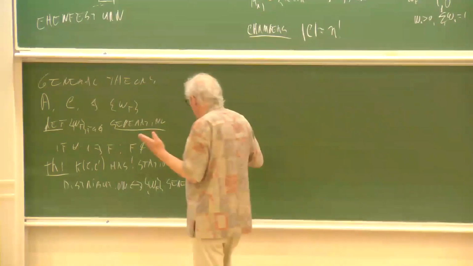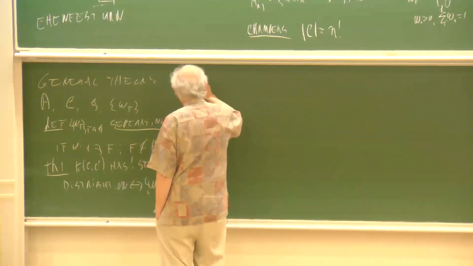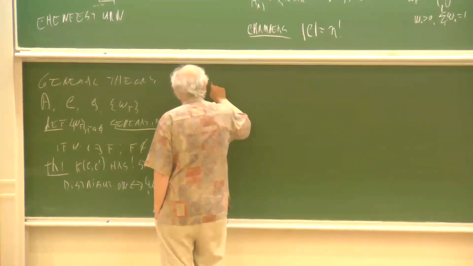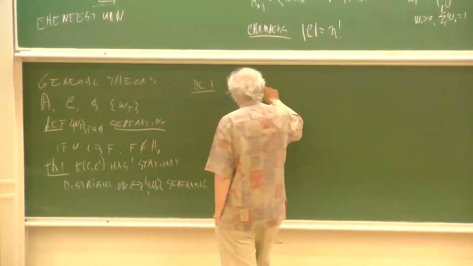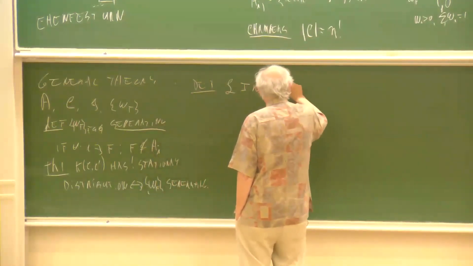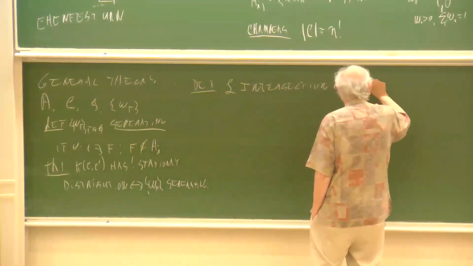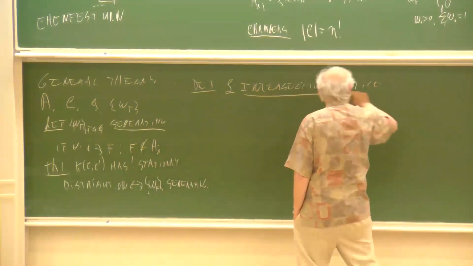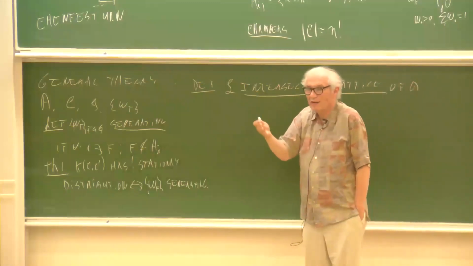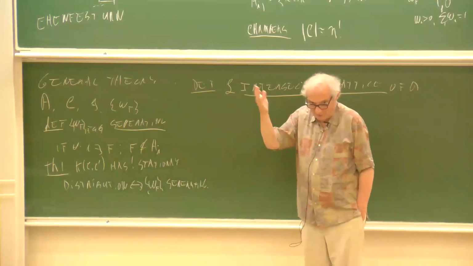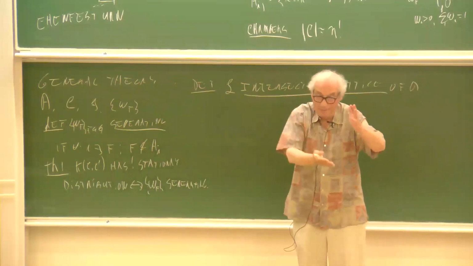So in order to describe that, I need to tell you the intersection lattice. L, the intersection lattice of an arrangement, is just all possible intersections of hyperplanes. So these are general hyperplanes in R^D, and so hyperplanes are in the intersection lattice.